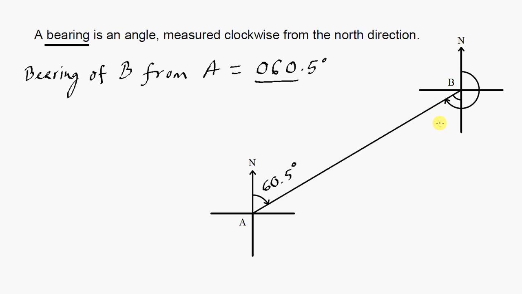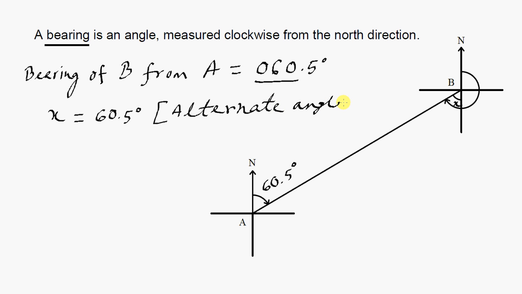So if this angle is X, this X equals 60.5 degrees, alternate angles. Therefore, bearing of A from B will be 180 degrees plus X, that is 60.5 degrees.